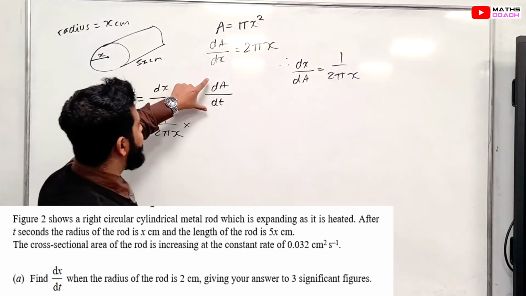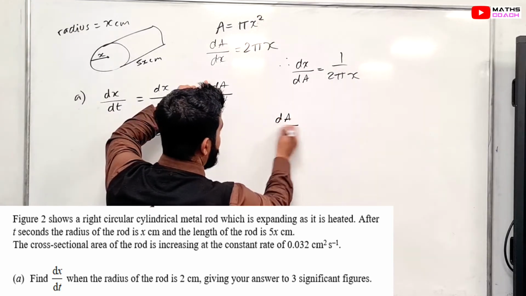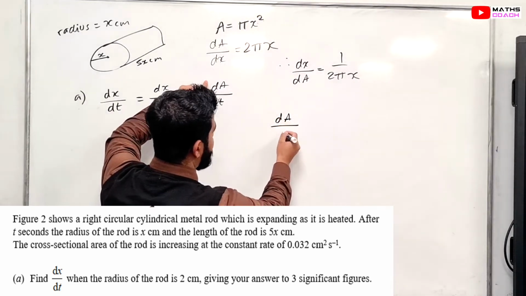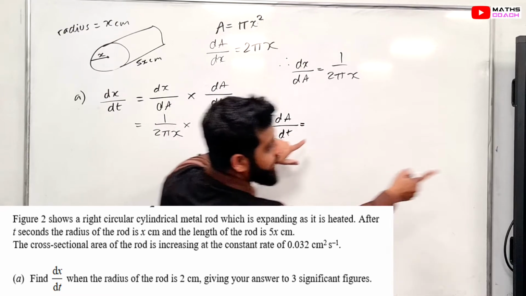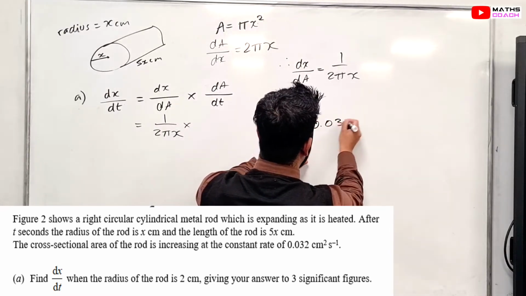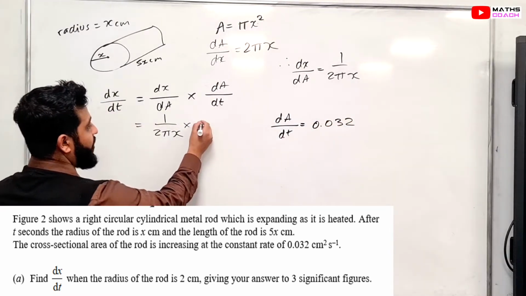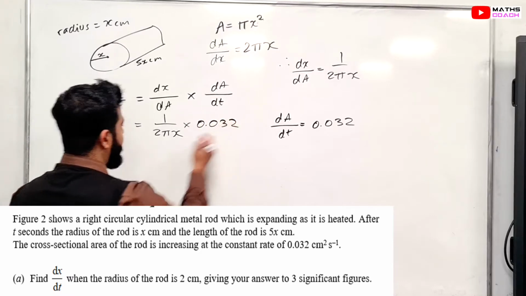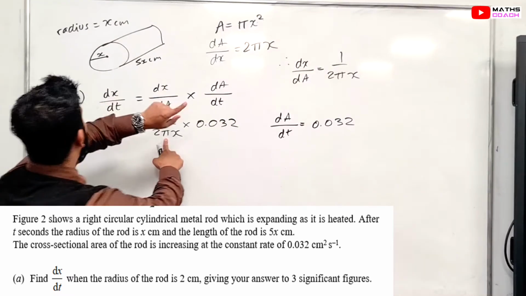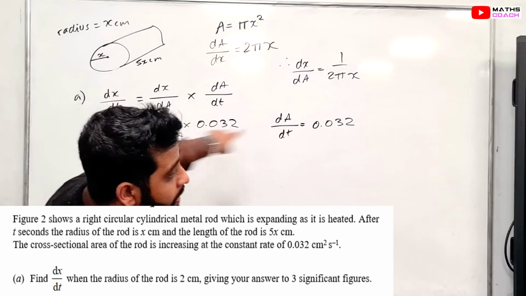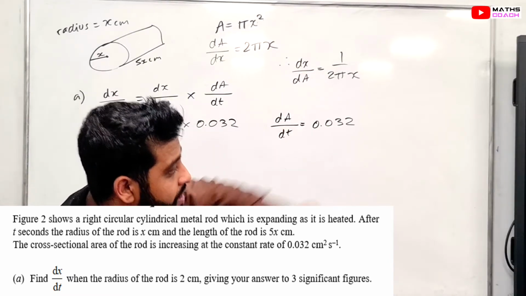So dA over dt, the rate of change of the area with respect to time, is given to us in the question as 0.032, so we can simply write 0.032 in here. Now, when is this all happening? It tells us in the question, it is when the radius of the rod is 2 centimeters.